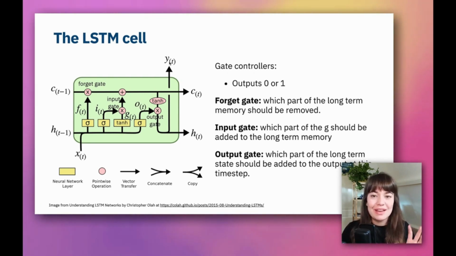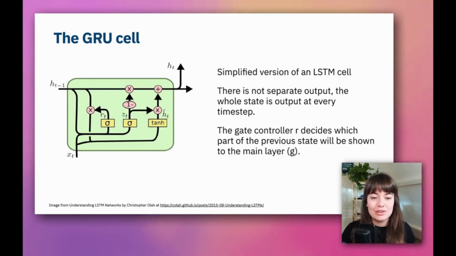Another kind of cell that we have is called a GRU cell. A GRU cell is basically a simplified version of the LSTM cell. You have fewer things happening here. You do not have a separate output. As you can see, the hidden state that is passed to the next time step and the output are exactly the same.